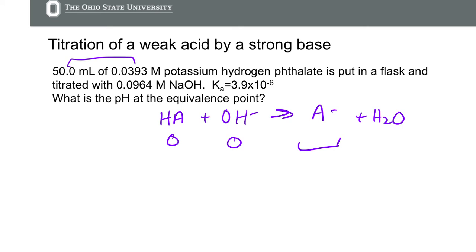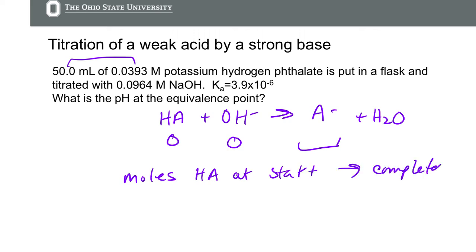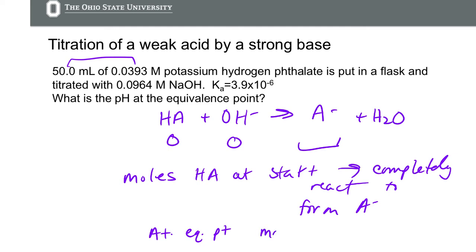So if we know the moles of HA at the start, these completely react to form A minus. And so at the equivalence point, the number of moles that we started with is the number of moles that we have of A minus.